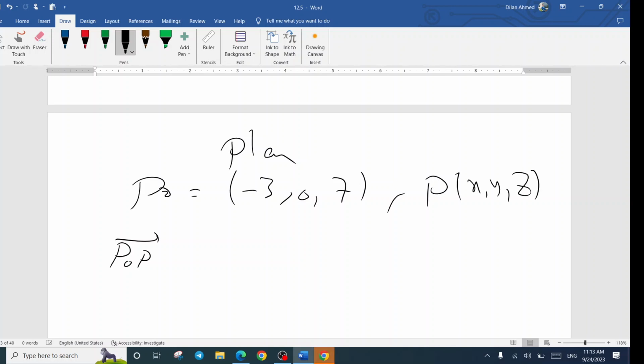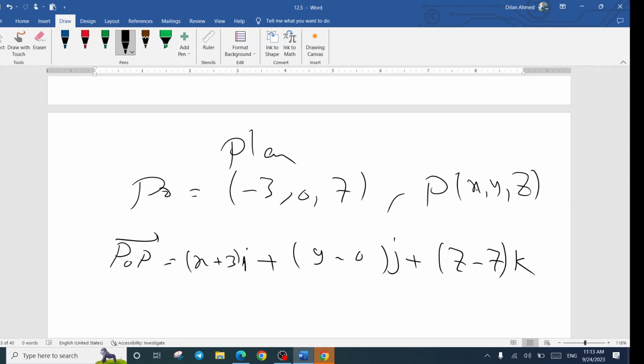So how do we make a vector with two points? We say second minus first. So x minus 3 i, y minus 0 j, z minus 7 k. This is your vector. You got it, dear?